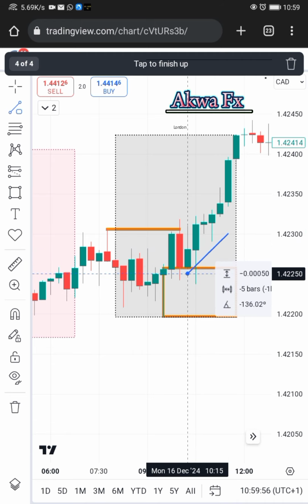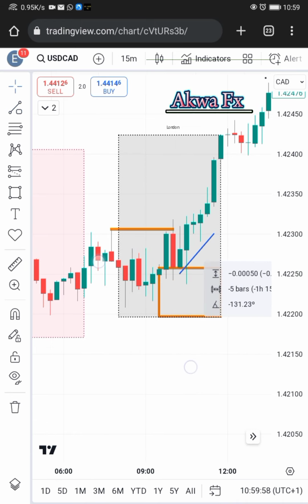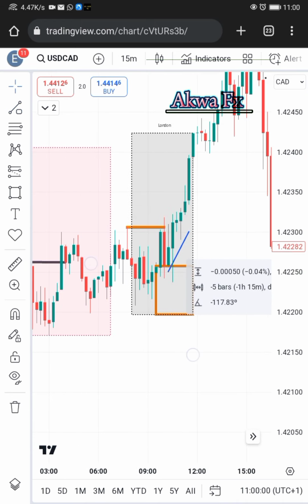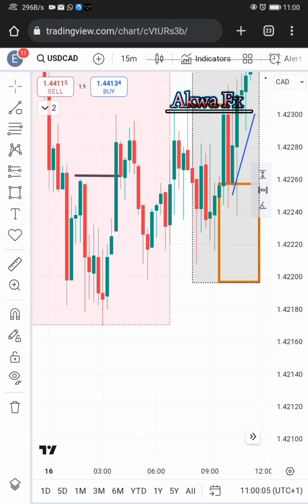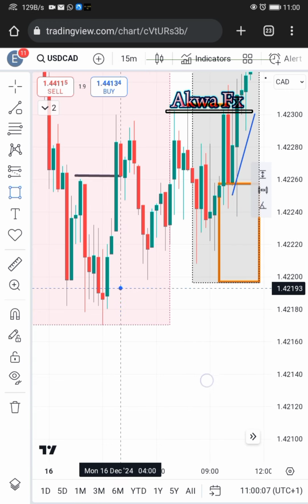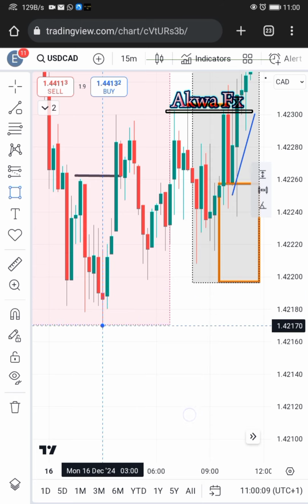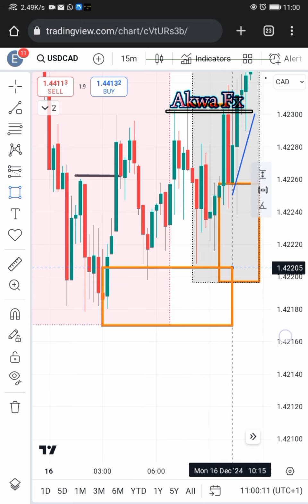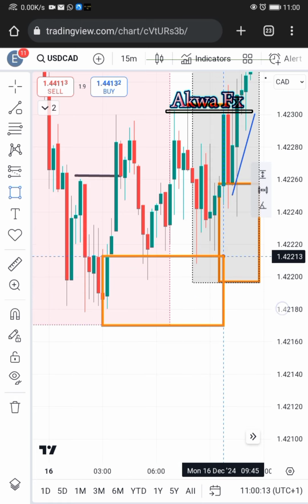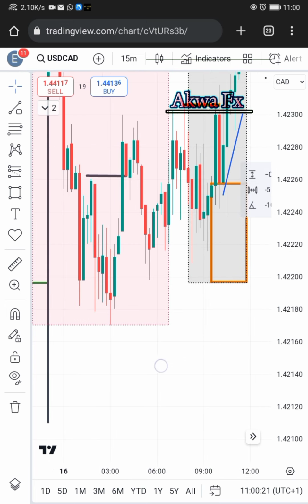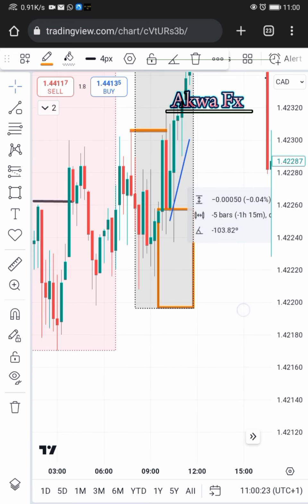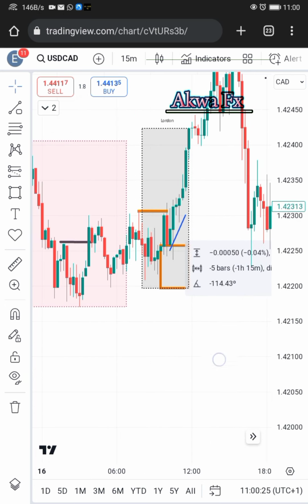Another thing is, you can place your trade right here when the London session opens, but it's not proper because the Asia session may grab liquidity to the downside. So here is the right place for you to take your trade, and you can target 1 to 10.